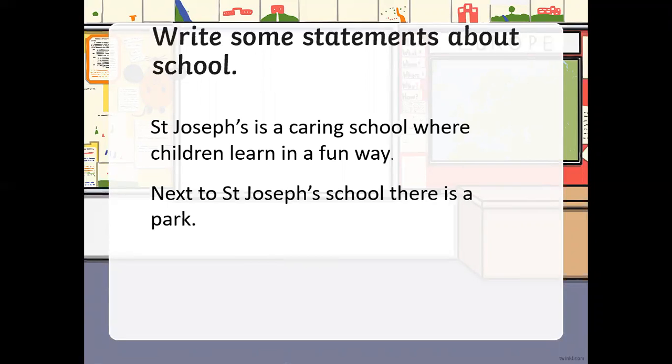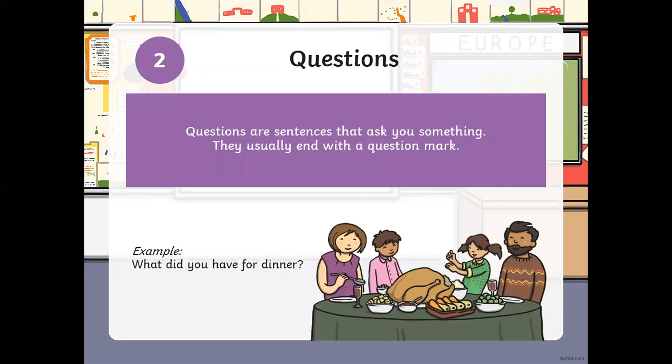Is that a fact, an opinion, or an idea? That's right. It's a fact because there is definitely that wonderful park and there's a slide in there. Although you can't use it now, there is a bit of a climbing frame over there as well. Well done. So these are statements. Great job. The next thing we're going to look at is we're going to look at questions.